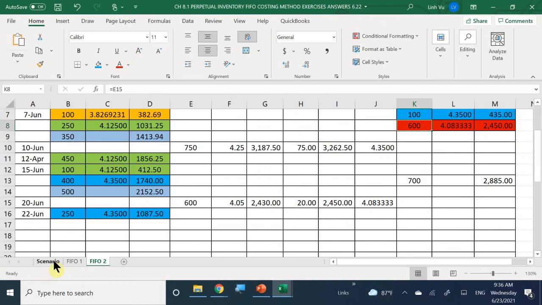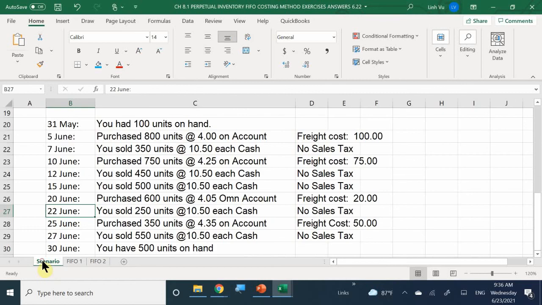So now I only have 100 units left to sell to anybody. Then what happened on June 25th? You purchased another 350 units for $4.35. Good. So in this case, 350 at 4.35, freight costing 50.